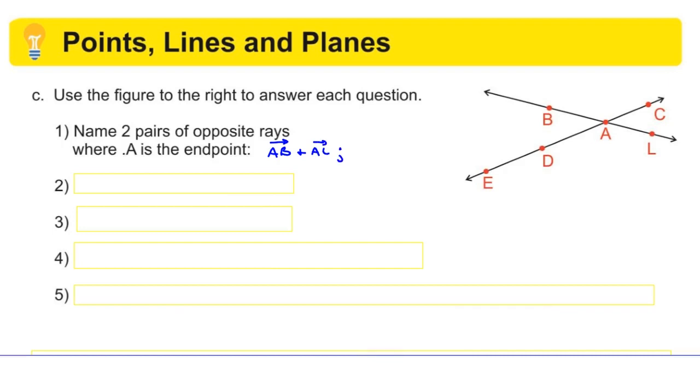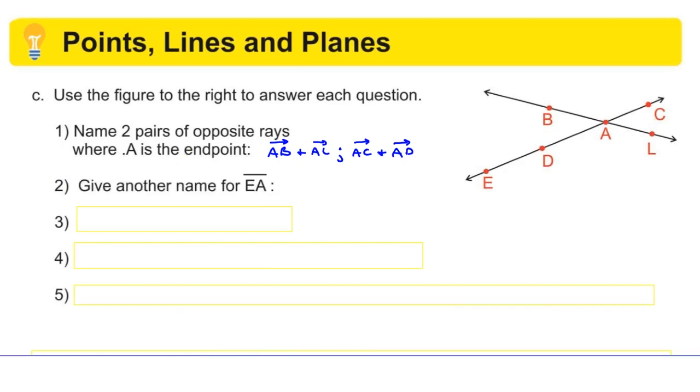What's the second pair? I'll go ray AC, right? A is the endpoint. And what's its pair? Ray what? And I could call it ray AD, or I could call it ray AE. It starts at A and goes in the D or the E direction. Okay? Two pairs of opposite rays where point A is the endpoint.